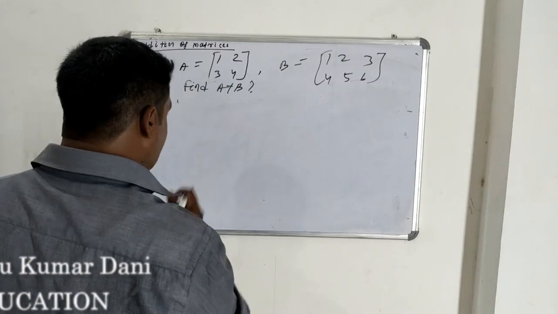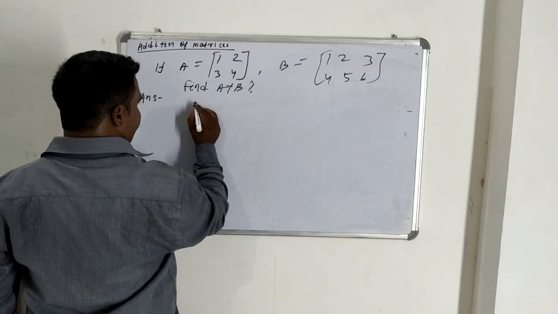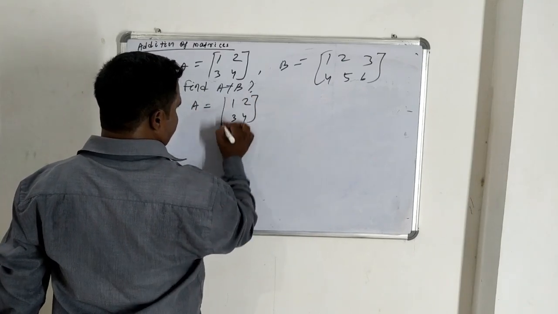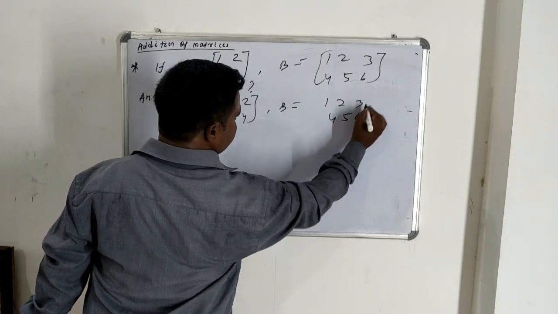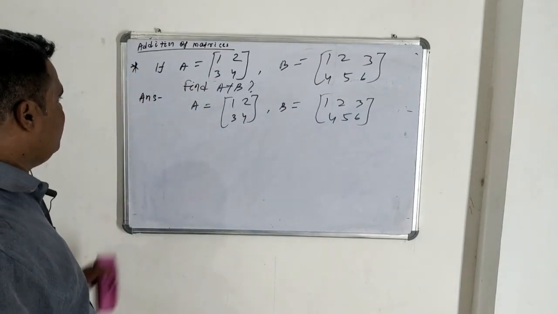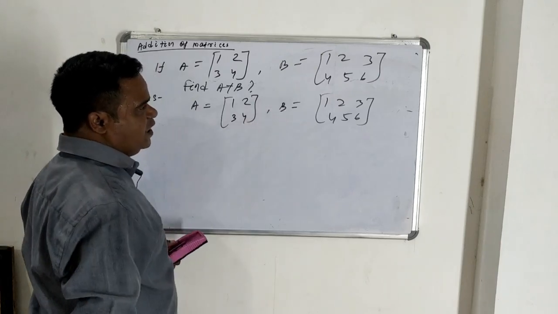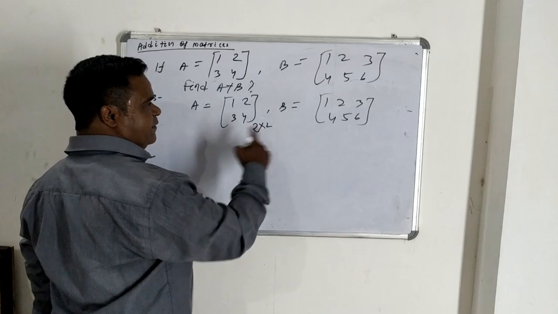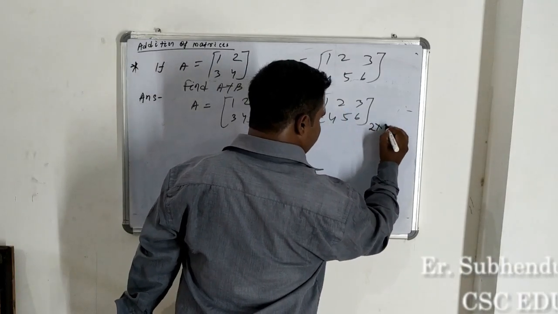So what do you do now? First of all, the given data: A equals 1 2 3 4, B equals 1 2 3 4 5 6. You first check that the order of matrix A is 2 by 2, 2 rows and 2 columns, while matrix B has 2 rows and 3 columns.